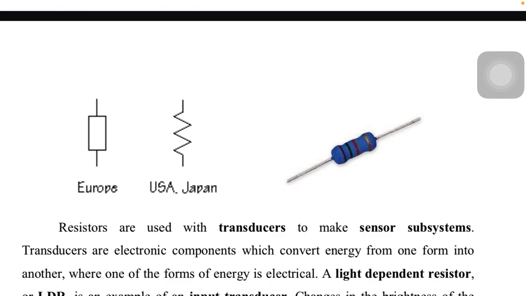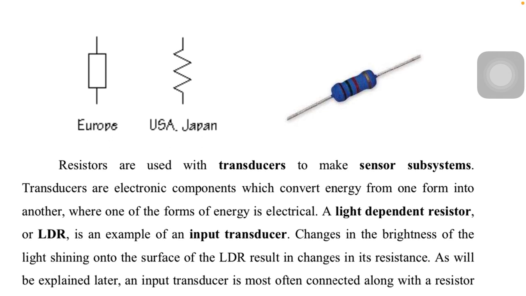Now, resistors are used with transducers to make sensor subsystems. What are transducers? Transducers are electronic components which convert energy from one into another. One of them is electrical.